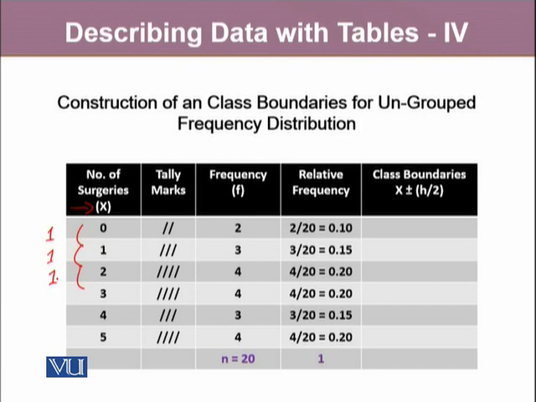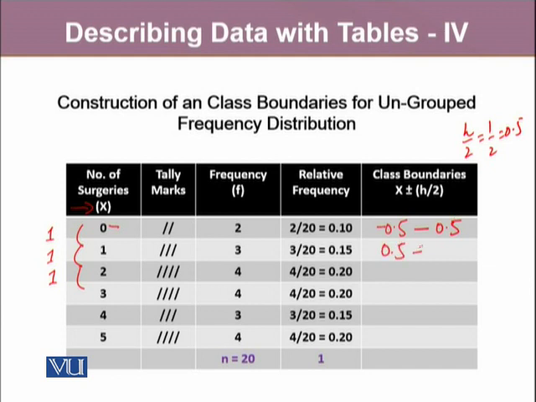For the class boundaries, for the first class, h by 2 in this case is 1 by 2, which is 0.5. We will subtract 0.5 from each value in each class and then add as well. Whereas the lower class boundary for the first class turns out to be minus 0.5 and the upper class boundary will be 0.5.